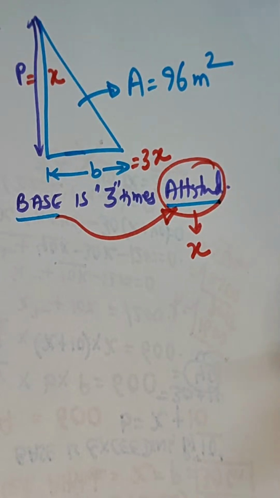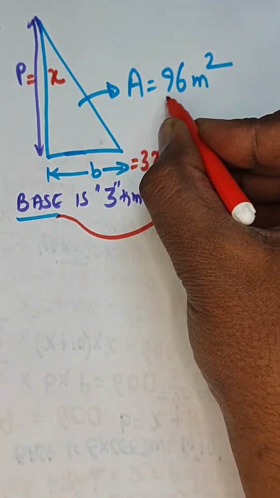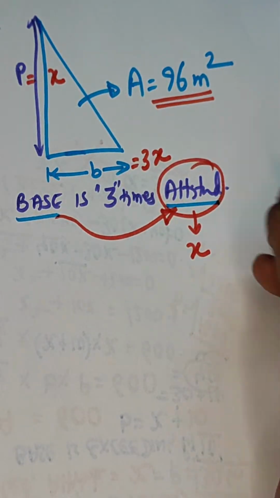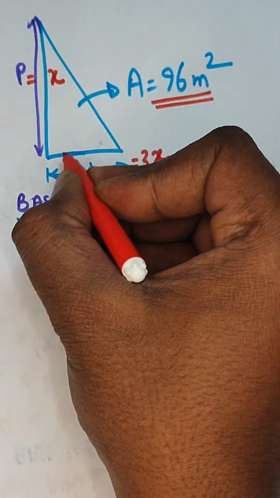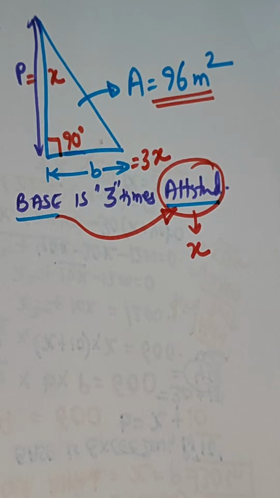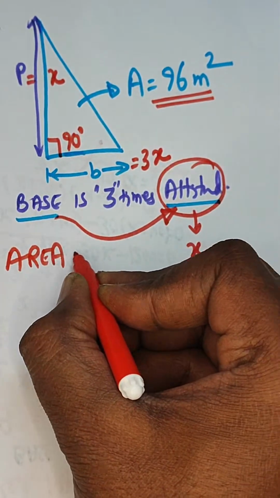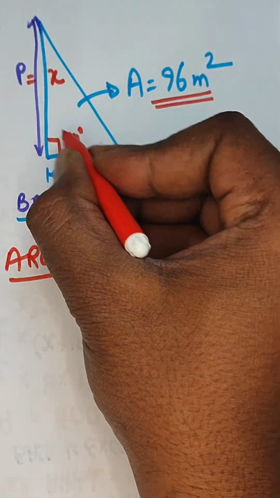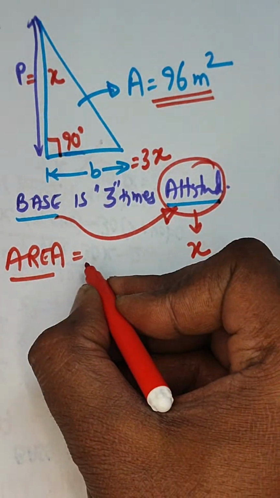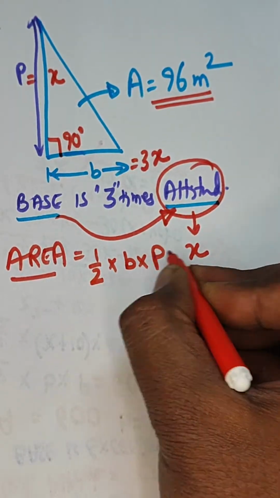Now the question is that if the base is 3 times the altitude, find the base. So it's very clear. Area is 96 meter square. This is a right angle triangle, so definitely this angle is considered as 90 degree, right? So what is the area of a triangle? We know the formula that if there are two sides which are perpendicular to each other, then area is half into base into height, right?